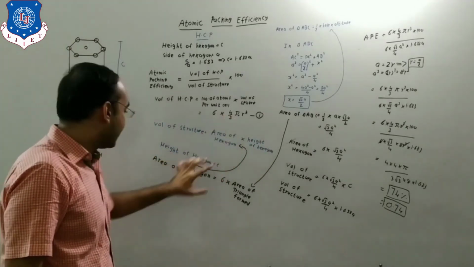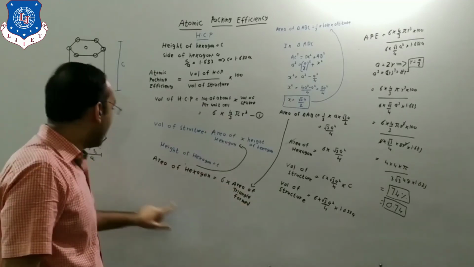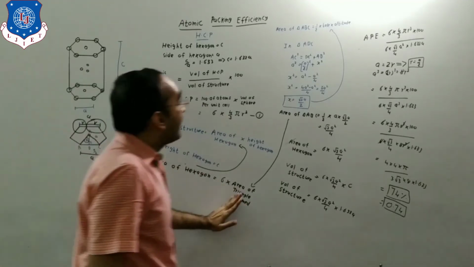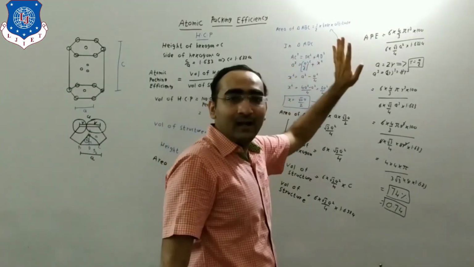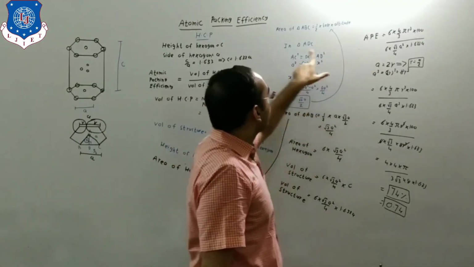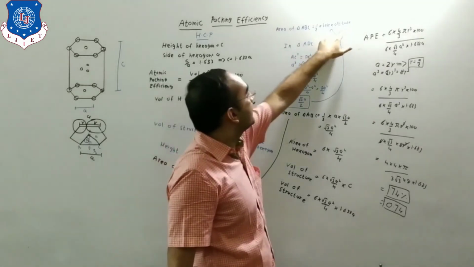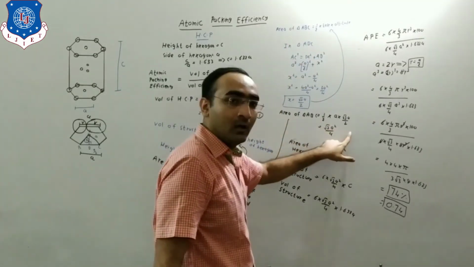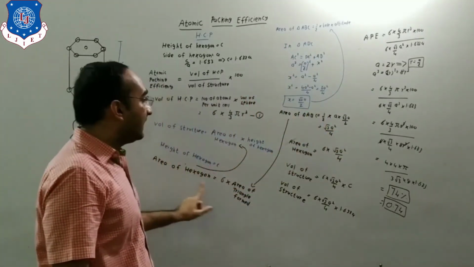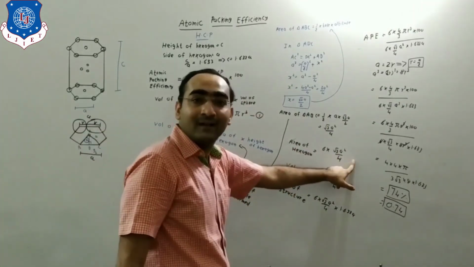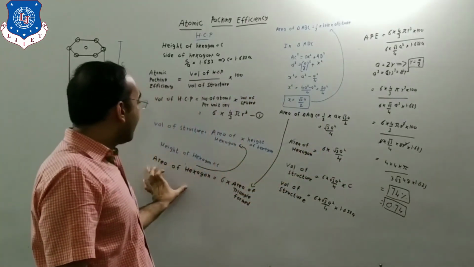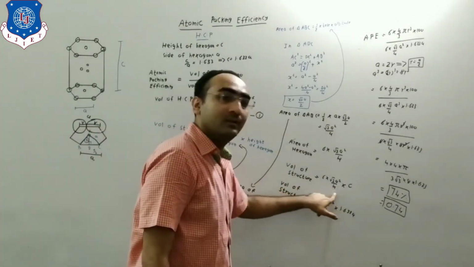Now hexagon formula is 6 into area of triangle. Area of triangle is half base altitude. What is altitude? We don't know. So by Pythagoras, we find the altitude. Now in reverse, we place the altitude in this, so we get the area of triangle. After area of triangle, we put it in the hexagon, so we find the area of hexagon. This area of hexagon goes in this volume of structure, so this whole thing.